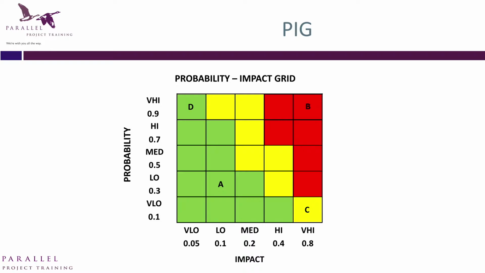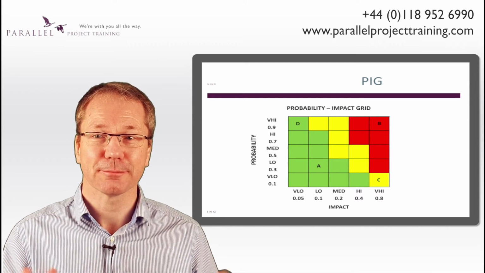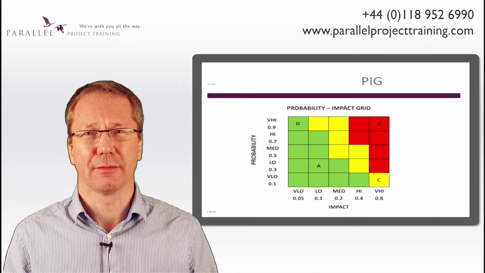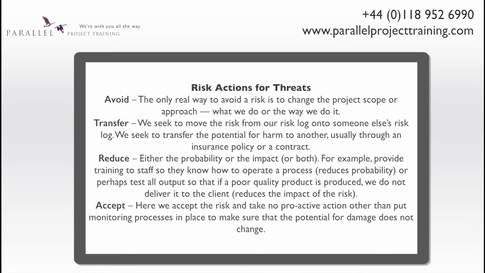So let's take an example. Say you're going on holiday and you park your car at the airport and your car may be stolen while you're away on holiday. That's a potential risk. What would we do about it? Well, we've got some different strategies we could follow. We could avoid that risk altogether. We could get someone to give us a lift or get a taxi. So that means our car isn't at the airport and it won't be stolen.